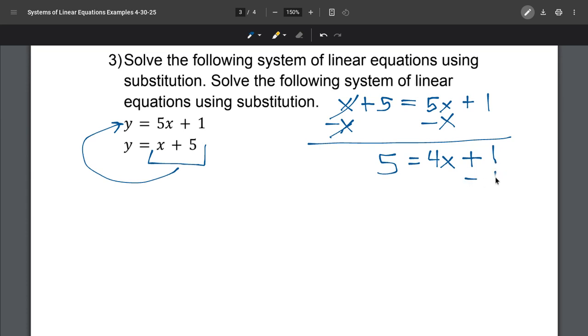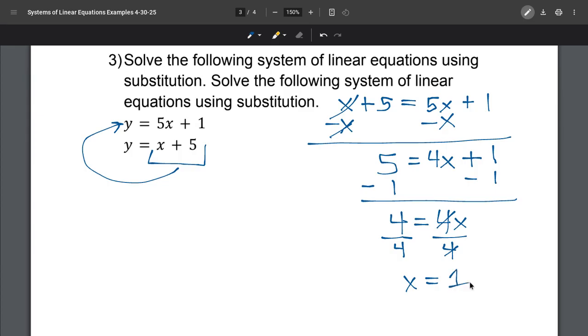We're going to subtract 1 here from both sides. 5 minus 1 is 4, so we get 4 equals 4x. We're then going to divide both sides by 4. So 4 divided by 4 is 1. So x equals 1. We then can plug back in the bottom equation.